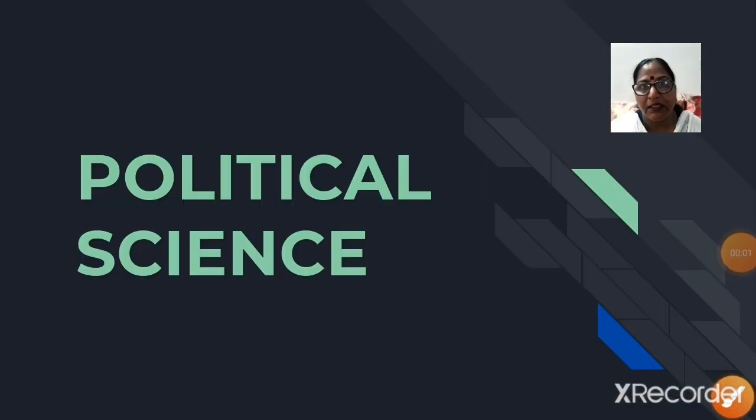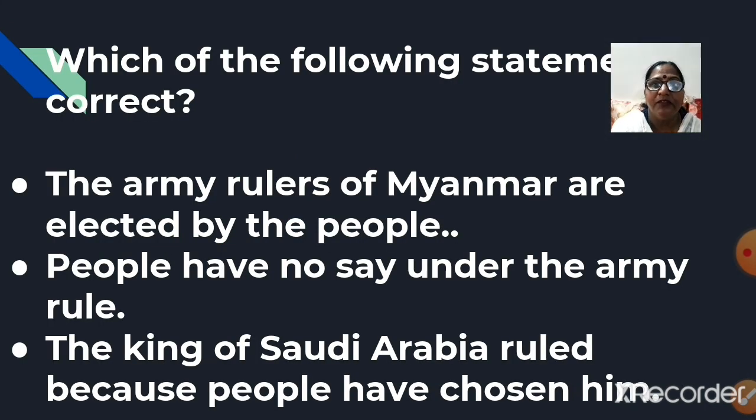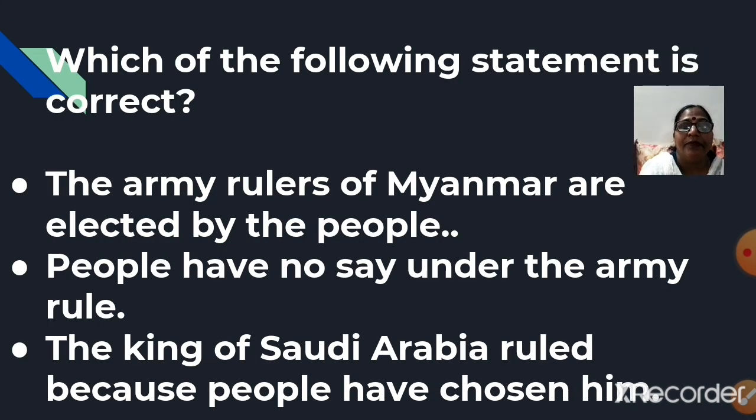Now let's start with MCQs, and we are going to start with political science. All the 4 lessons we will do MCQs, try to solve them. The first question for you is, which of the following statements is correct?